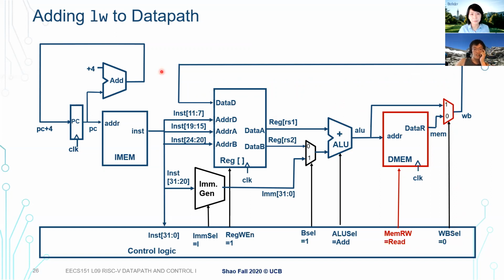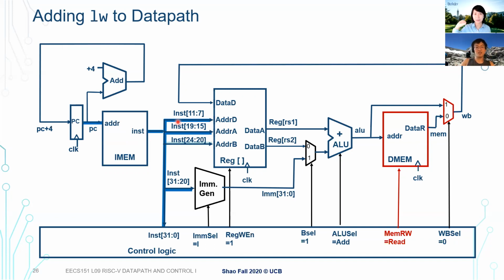So in this example, let's see how we execute a load instruction. Again, very similar to what we've seen before. We use a program counter to access the instruction memory. By reading the instruction out of the instruction memory, we have the different fields that can be used either to access registers or to generate the immediate. And load, again, is an I-type instruction.